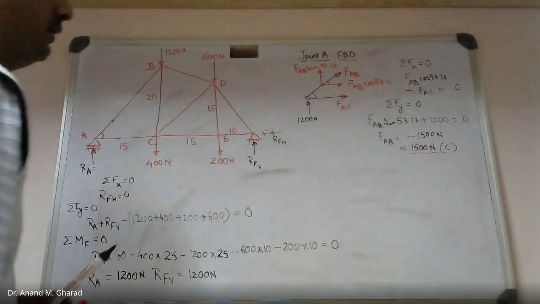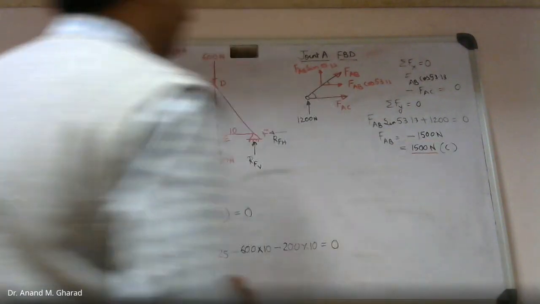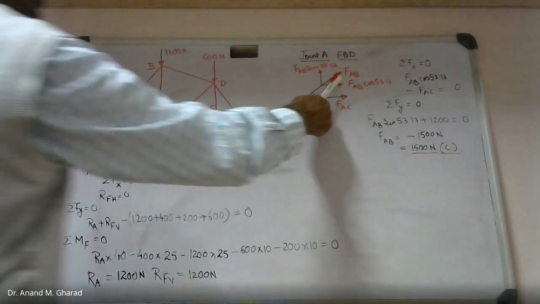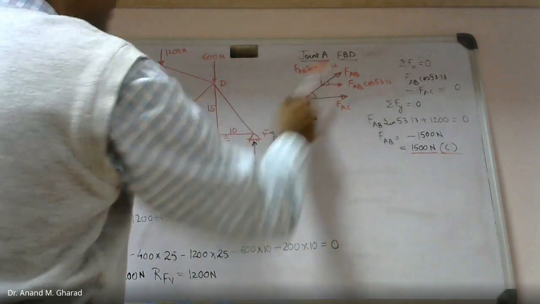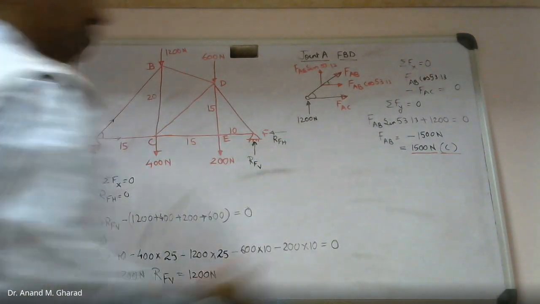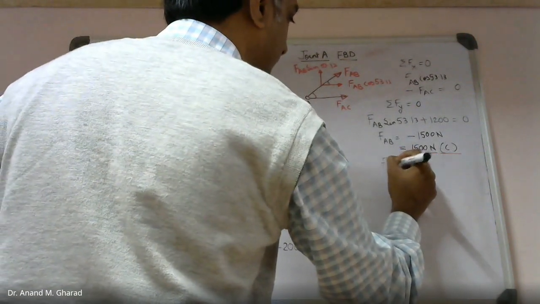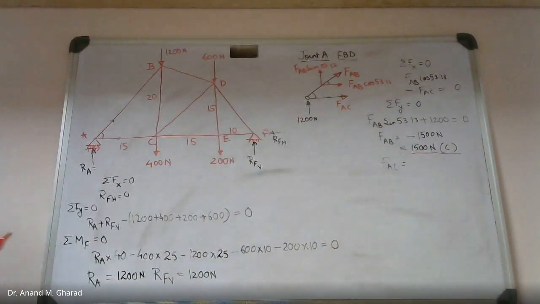So force in member AB is 1500. Compression, okay? Since we have initially assumed this to be tension, but it came out to be compression. Similarly, you please find out force in member AC. How much does it come out to be? Please calculate it fast.